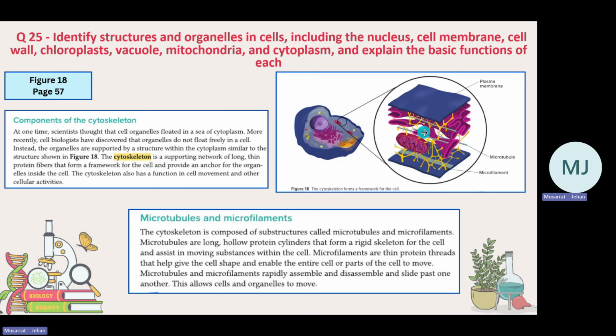They anchor the organelles, they hold the organelles. The cytoskeleton also has a function in cell movement and other cellular activities. Now, the cytoskeleton is made up of two types of structures, which are called microtubules and microfilaments.